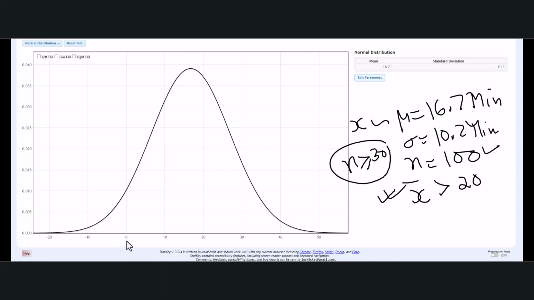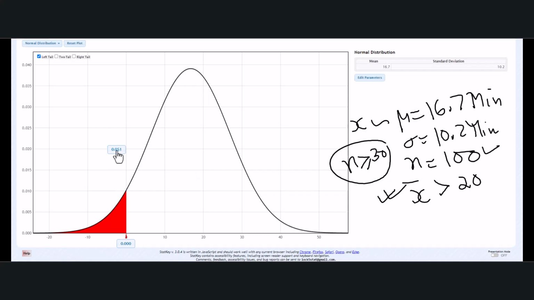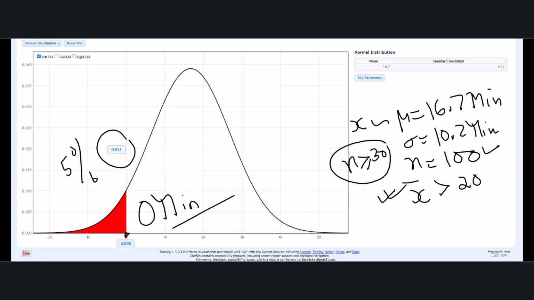So if you look at 0 here, let's look for the left tail for 0. It gives us an unrealistic situation, that is about 5 percent of the calls will take less than how many? 0 minutes if the distribution is normal, and that's not possible.